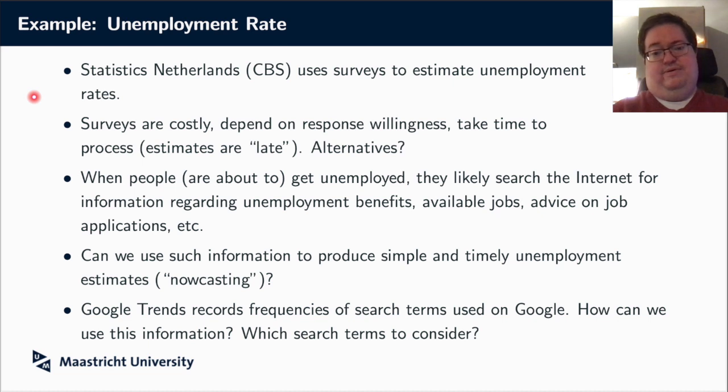For instance, I was looking at this in joint research with people from Statistics Netherlands, and one of the search terms which obviously seems useful is CV. But there was a strange seasonal pattern in CV, which was hard to explain, given that people really want more information in winter about how to write a CV than in summer.